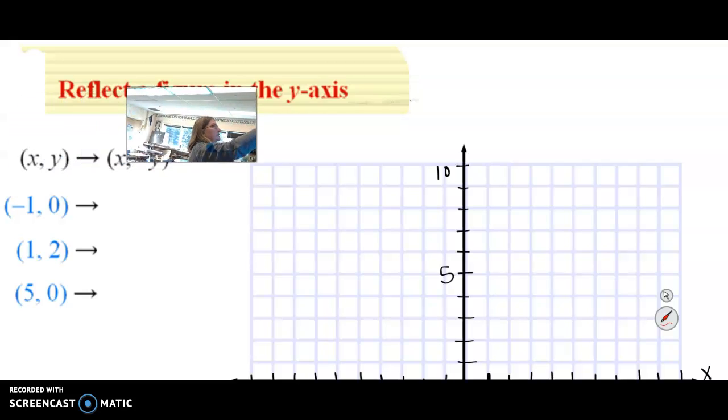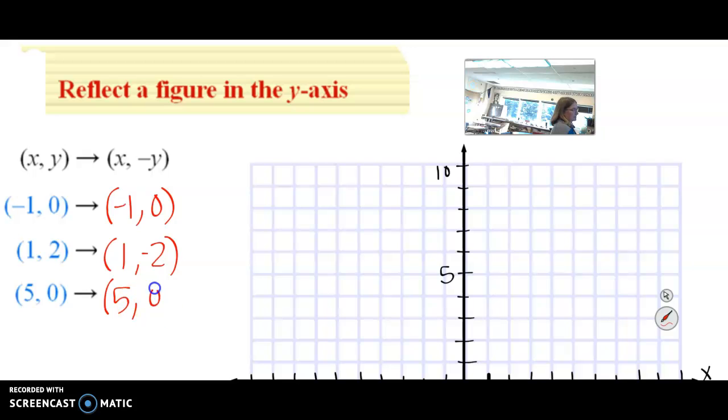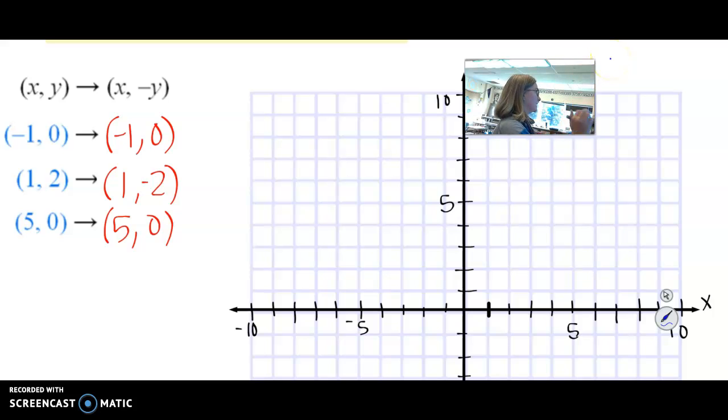Okay, so let's do it. -1, 0 becomes -1, 0 because the opposite of 0 is still 0. And then 1, 2 becomes 1, -2. And 5, 0 still stays 5, 0. So let's plot the blue coordinates, and then we'll do the red, and we'll see that it's a reflection. Okay, so -1, 0, 1, 2, and 5, 0 is a triangle if I connect those dots.